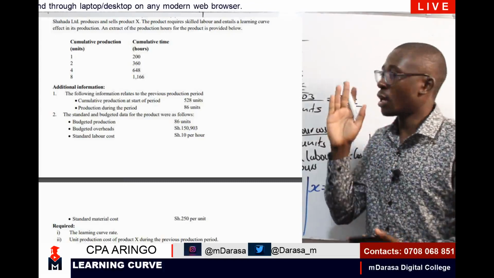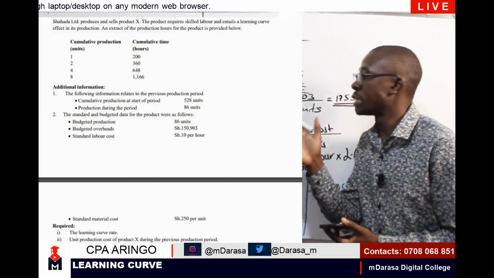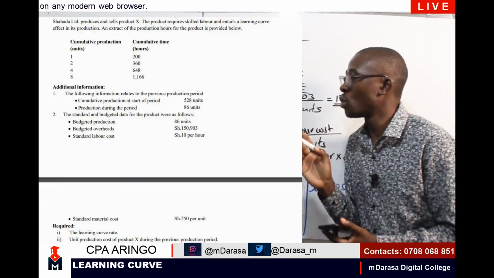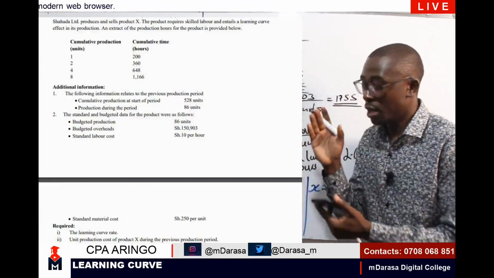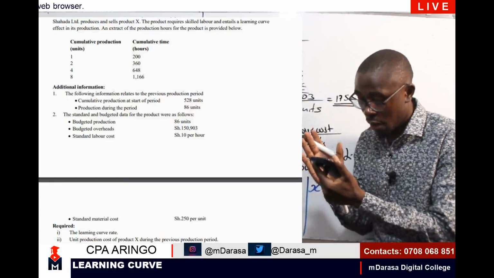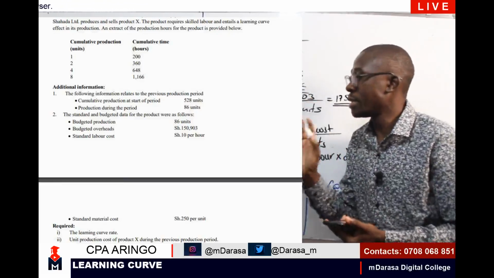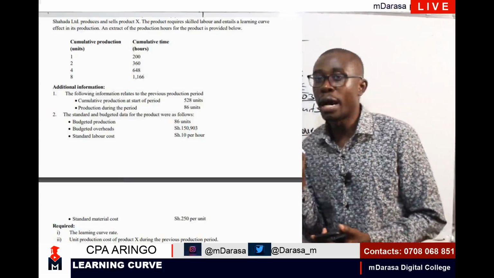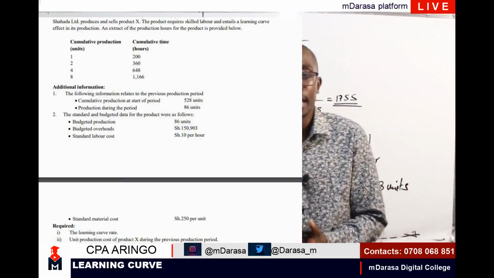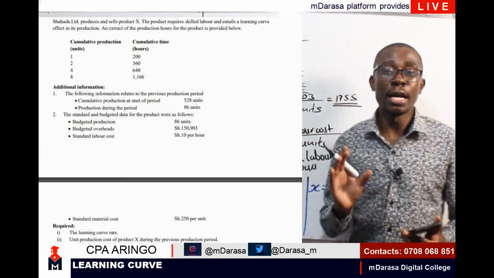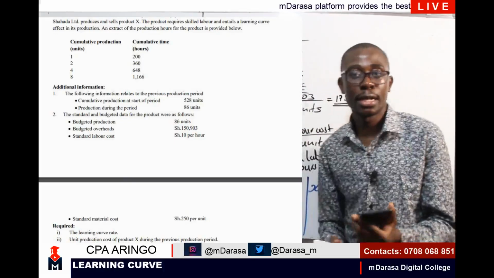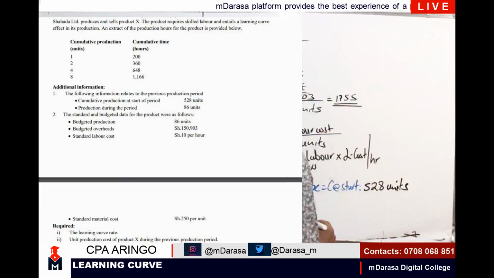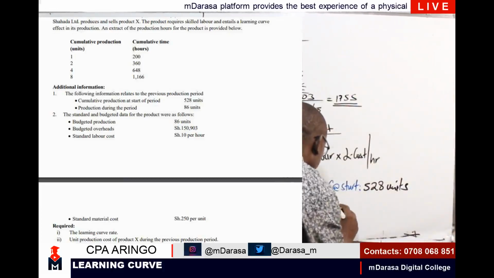You can clearly see we are told that the production during the period is 86 units, which we are told in note 1. So therefore, I can't use 86 units directly. In our learning curve, I can't go to 86 units directly and determine the time that we took. I'll need to determine our cumulative production at end.